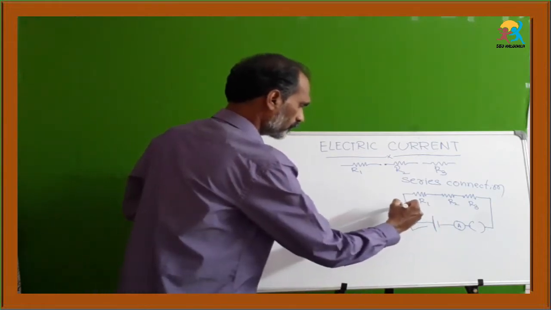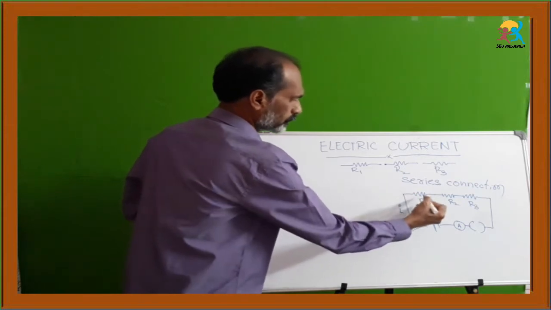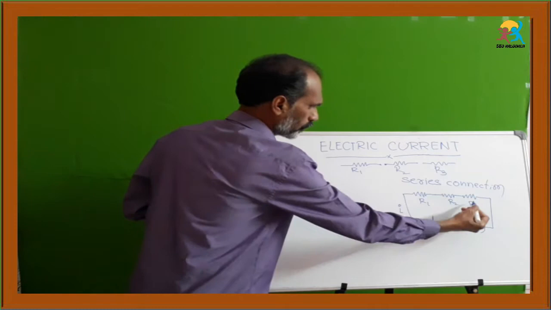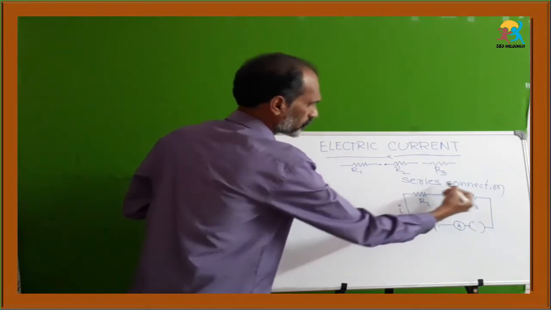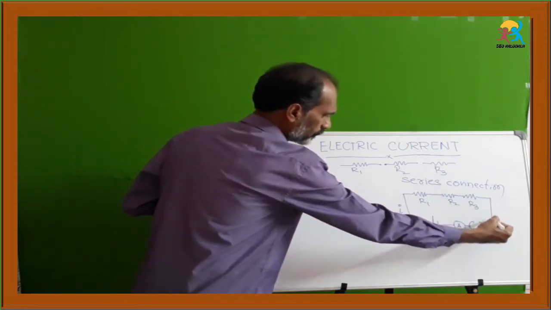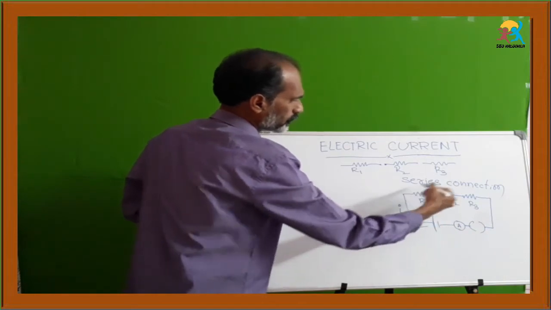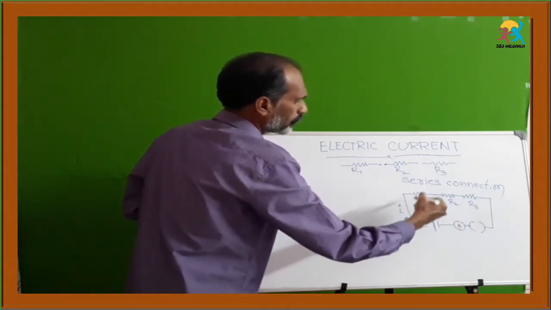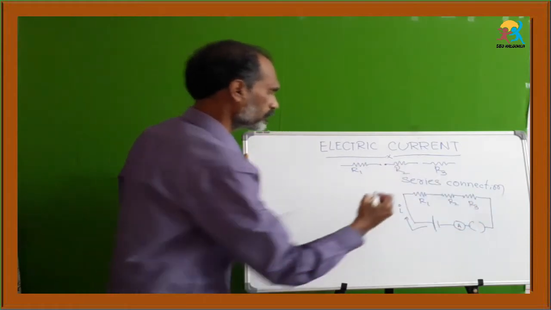If current I passes through the circuit, through R1 also I passes, R2 also I passes and R3 also I passes, and again from R3 to this point I passes. Like that, current I travels along the circuit.